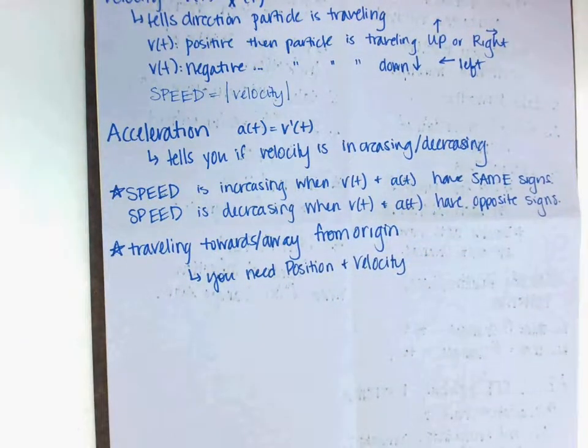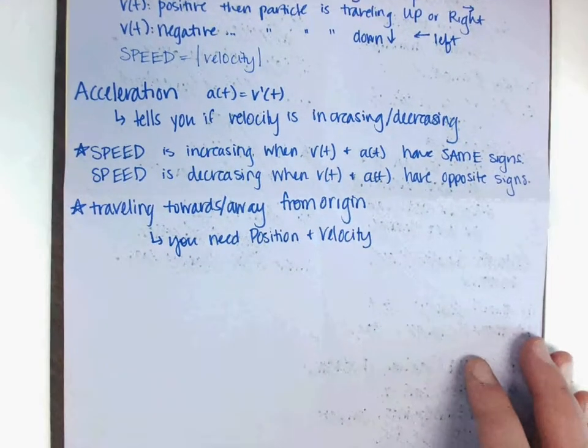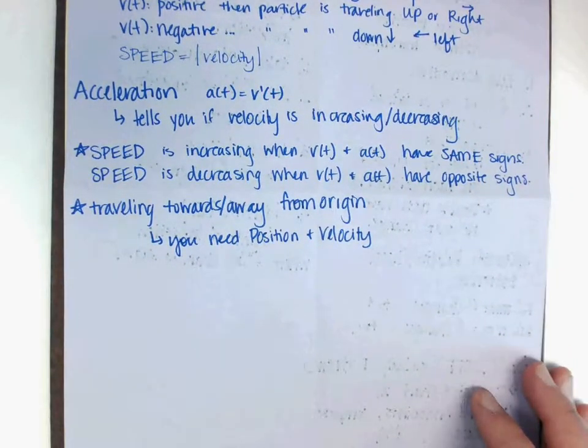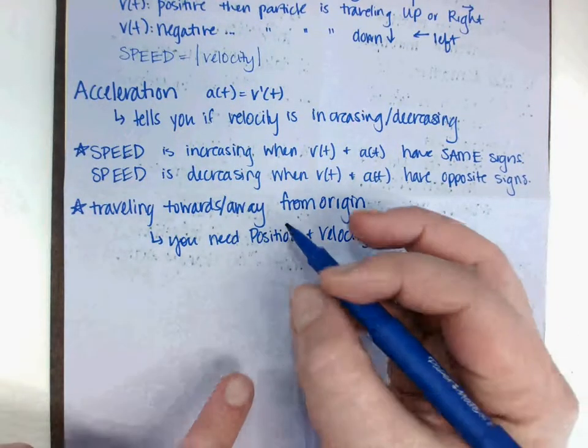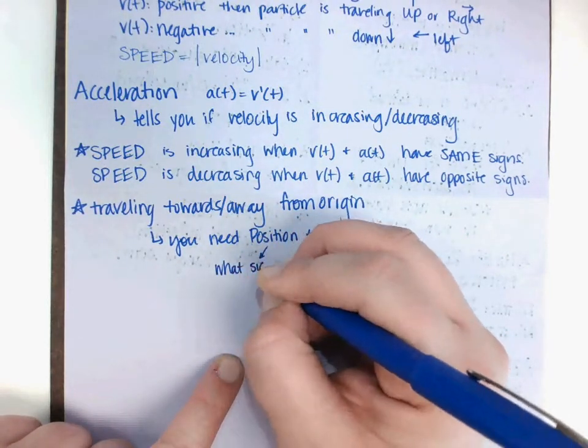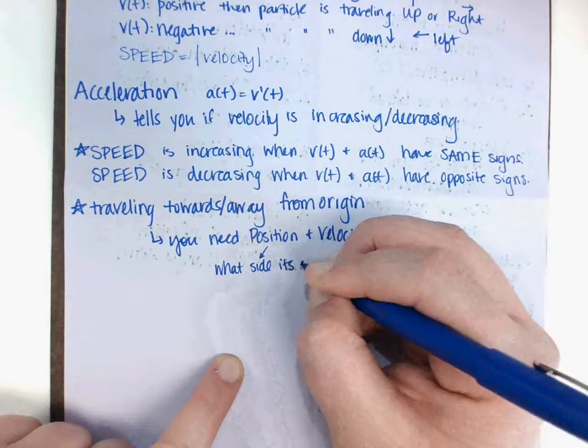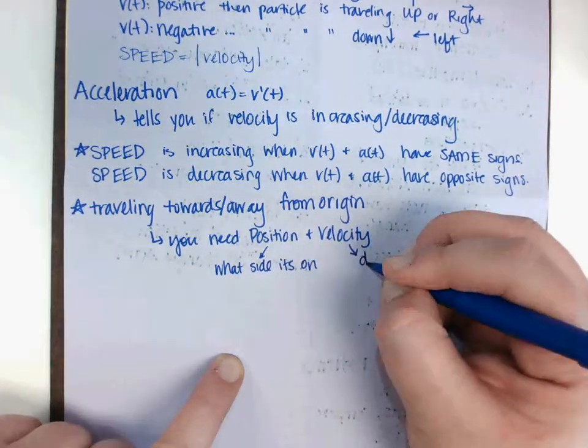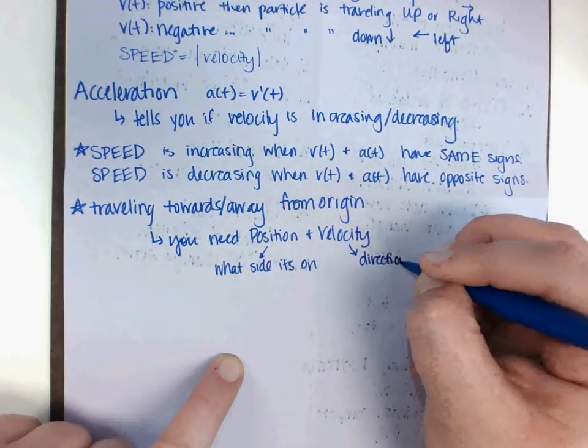So speed increasing or decreasing, you need velocity and acceleration. But for traveling towards or away from the origin, you need position and velocity. Okay. So position tells you what side it's on. And then velocity tells you the direction traveled.